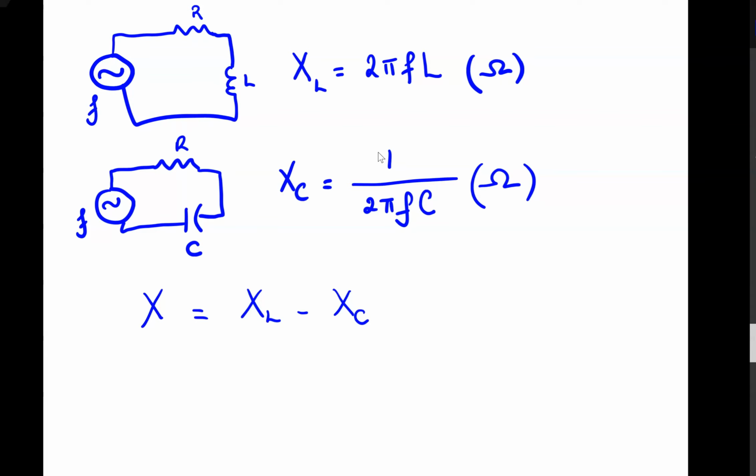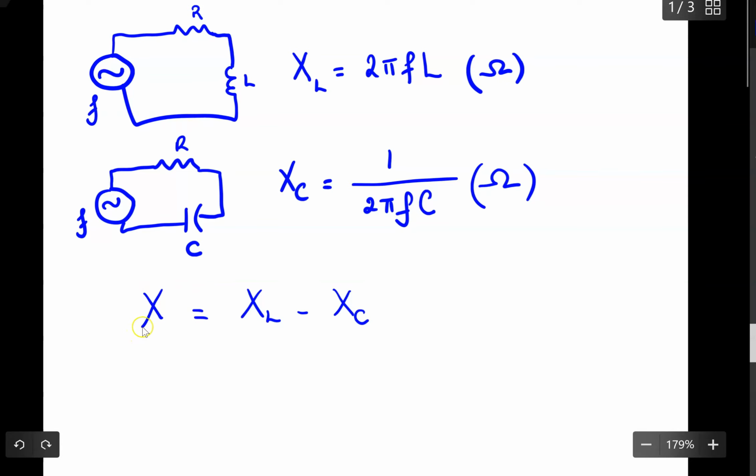So keep this in mind. As magnitude, take the value of your XL, subtract the value of your XC. This reactance is very important in terms of complex number as imaginary.